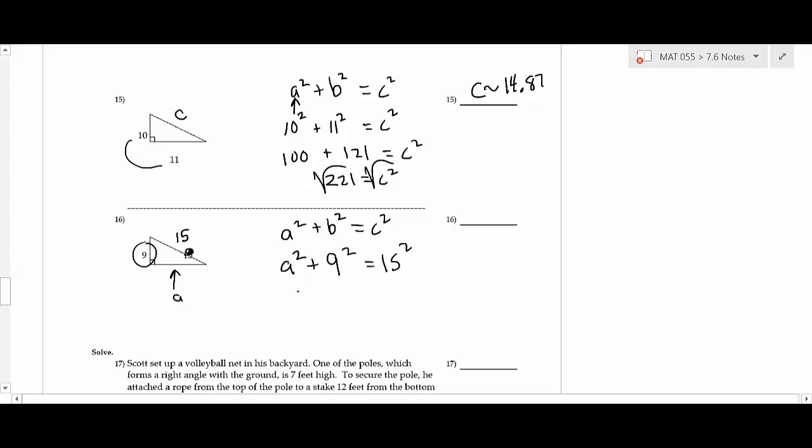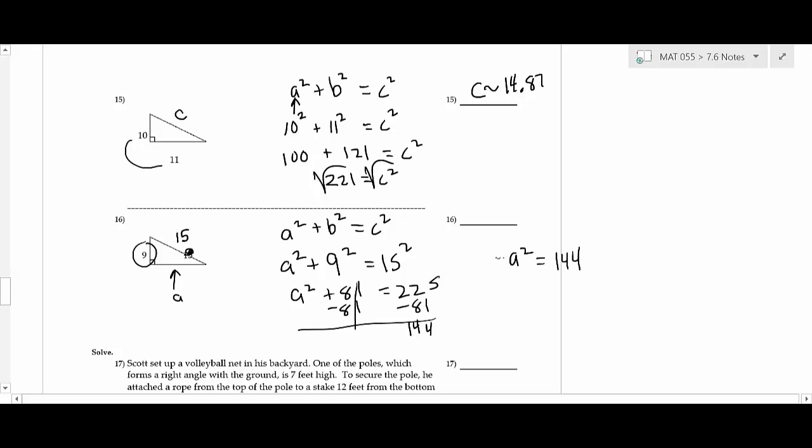So that's the setup: a squared plus 81 equals 225. Now you subtract 81 from both sides, so a squared equals 225 minus 81, which is 144.